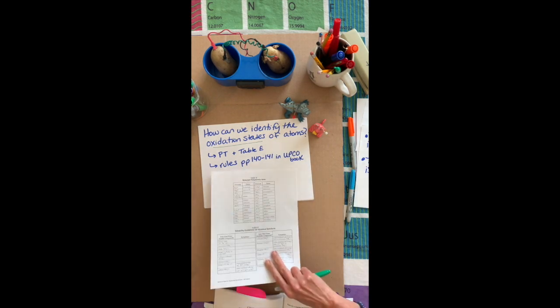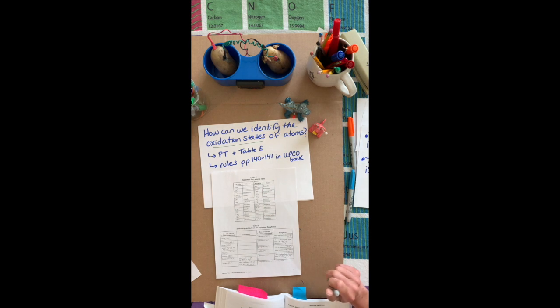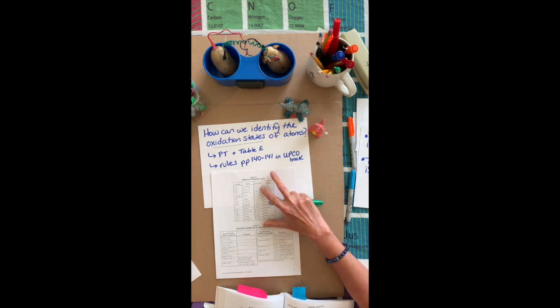And we need table E because these selected polyatomic ions have a net overall charge on them. And when we assign oxidation numbers, we need to keep the overall charge of the polyatomic ion in mind.